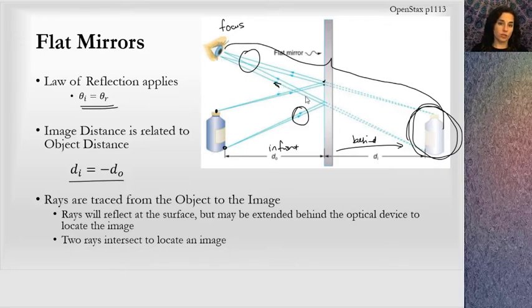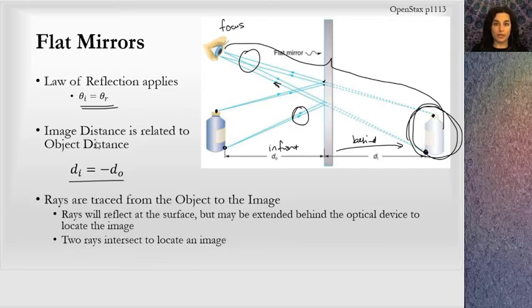What happens is we trace the rays backwards, and that's how we can locate the image with ray tracing: using two rays, allow them to bounce, and then take the ray that was received by the eye, not the incident ray but the reflected ray, and extend that back behind the mirror, and then I can locate the image. For ray tracing, the rays will reflect at the surface but may be extended behind the optical device to locate the image, and we need two rays to intersect in order to locate the image.